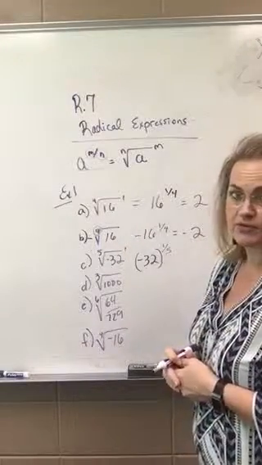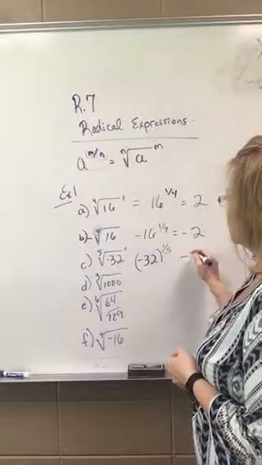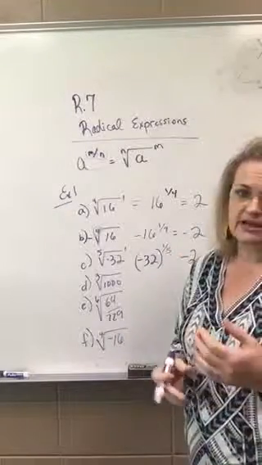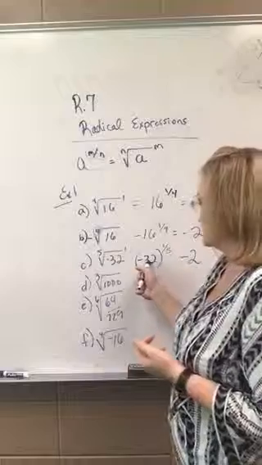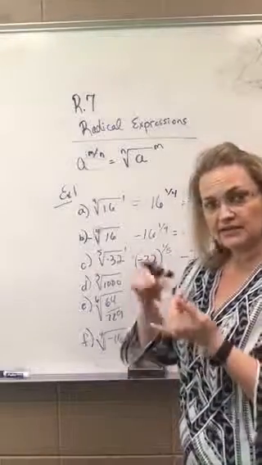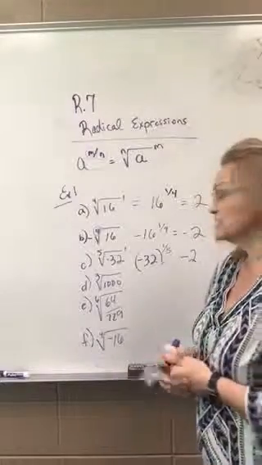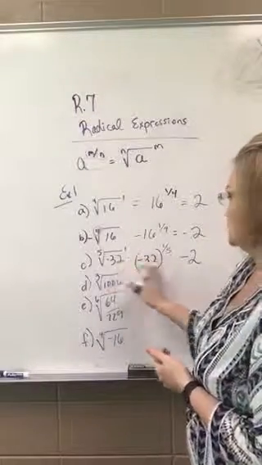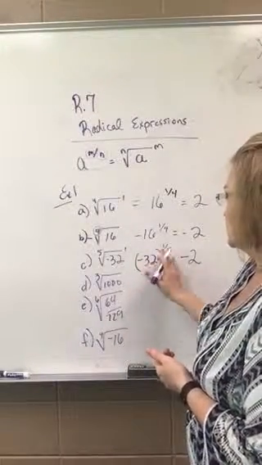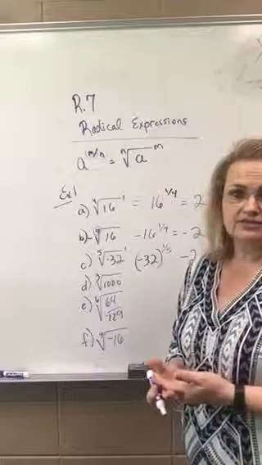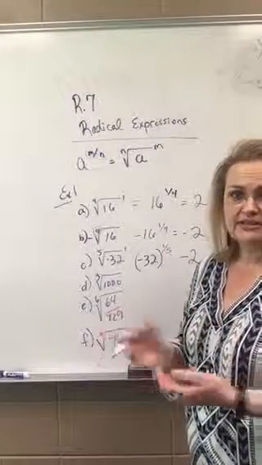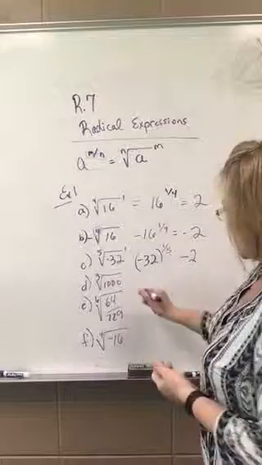So this is a perfect 5th root of 2. And it's also a negative this time because you can have a negative under an odd root, because a negative times itself an odd amount of times is actually negative. So it's a -2 times itself 5 times is -32.